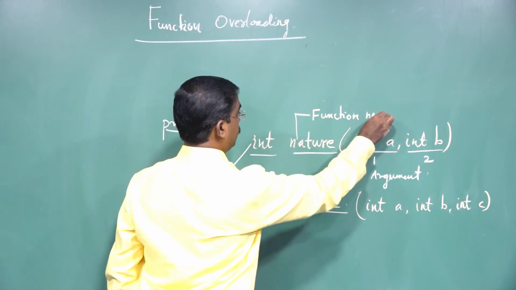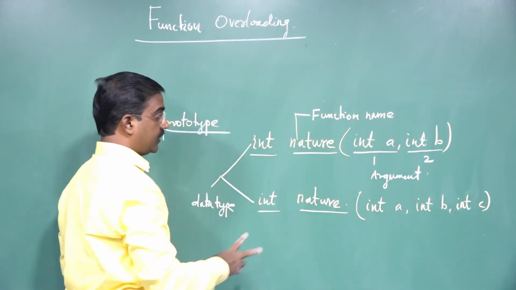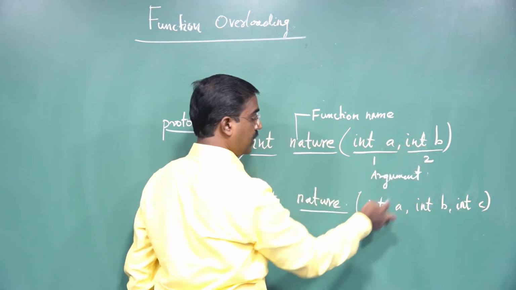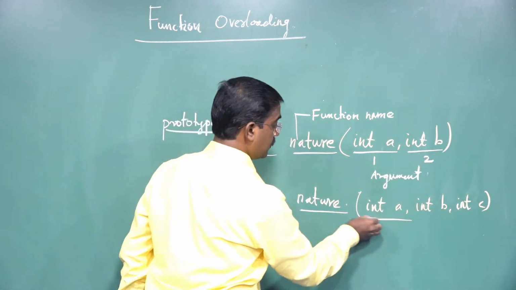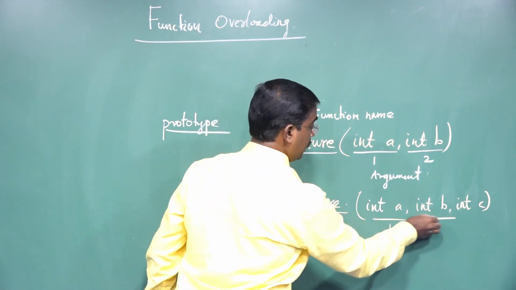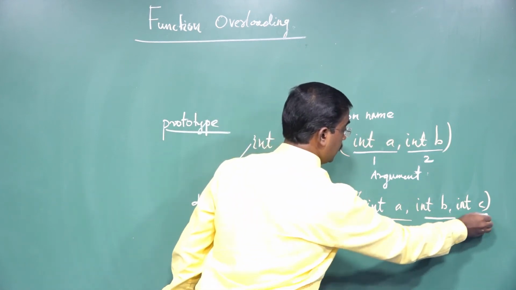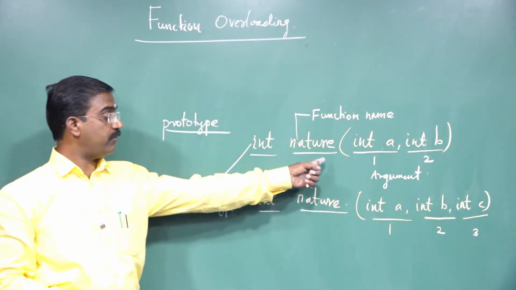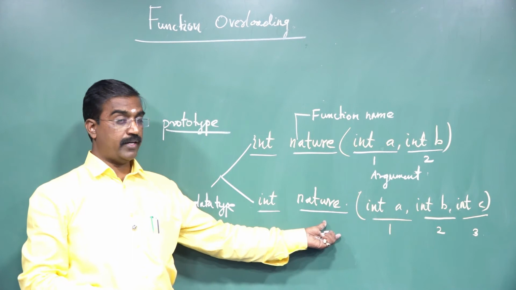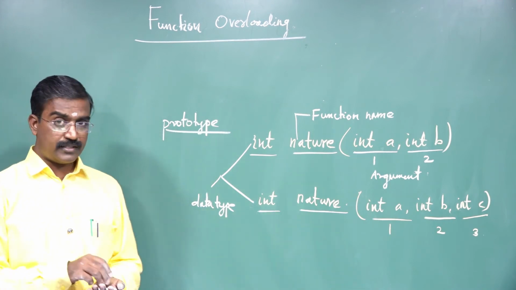So this is the function name, with integer a and integer b. Here also integer a, integer b, integer c. So this is argument 1, here argument 2, here argument 3. So this is 2 arguments, here 3 arguments.